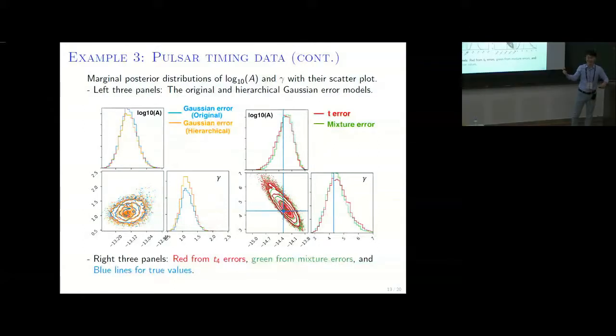What it does is downweight the outlying observations in terms of estimating the parameters. So those outliers don't contribute to our parameter estimation because we downweight them with a T-error model.